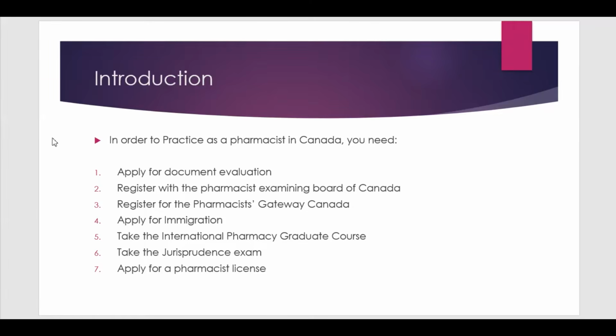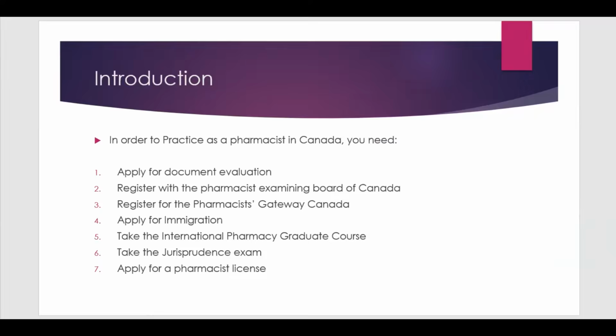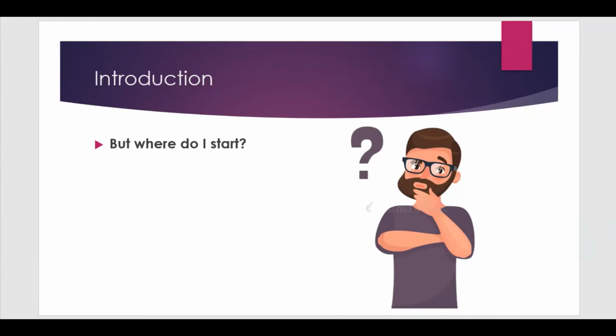All right, now that's a lot of steps. So where do you really start here? Should you start by contacting the Pharmacy Examining Board of Canada and asking to register or filling up their application forms, or what do you do here?